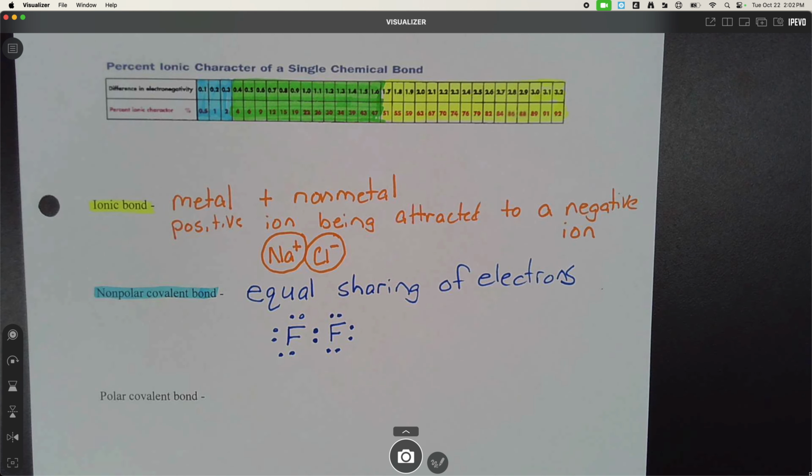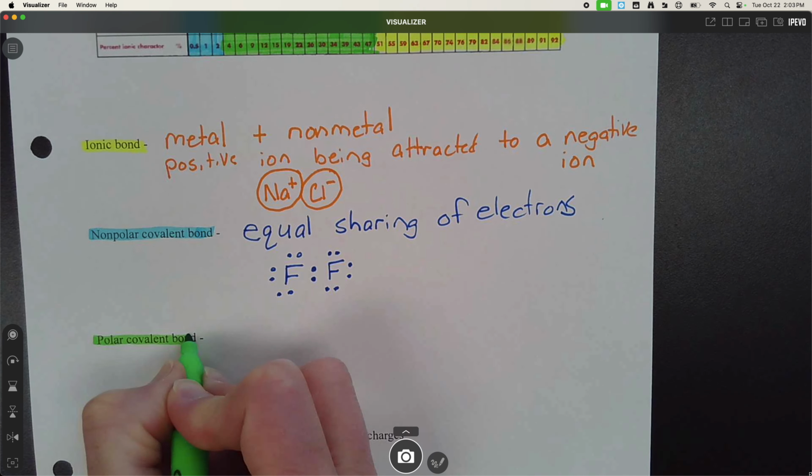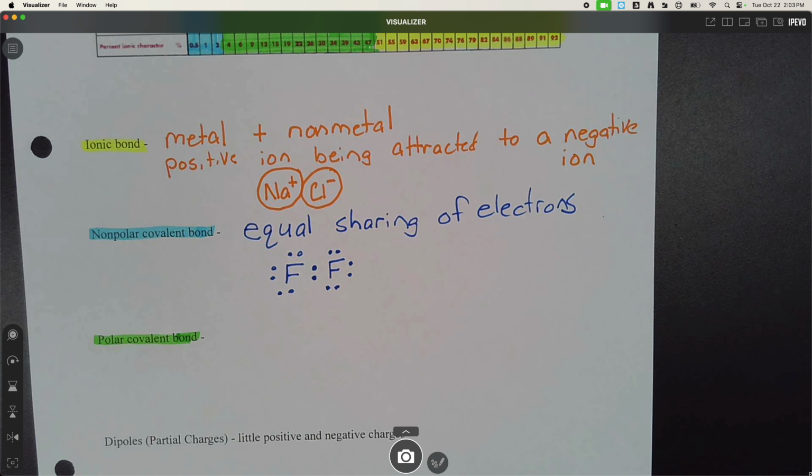So if it's 0.39 or less, it's going to go in this category of nonpolar. When it hits 0.4 for a difference, we start to be able to see from the outside some characteristics of what's called a polar covalent bond. A polar covalent bond is sharing, but not sharing in an equal sort of way.